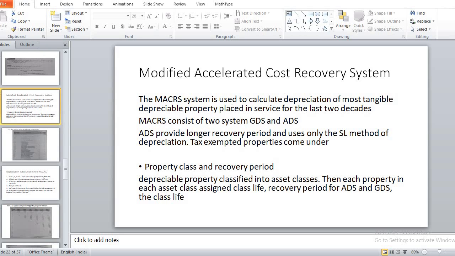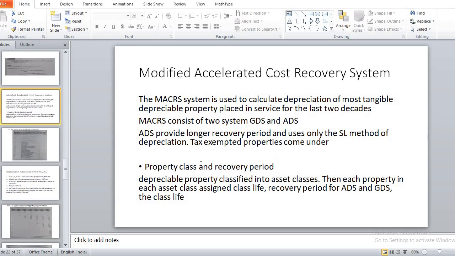This is used to calculate depreciation for most tangible depreciable property placed in service for the last 2 decades. This is applicable for properties which have been in service for the last 2 decades.